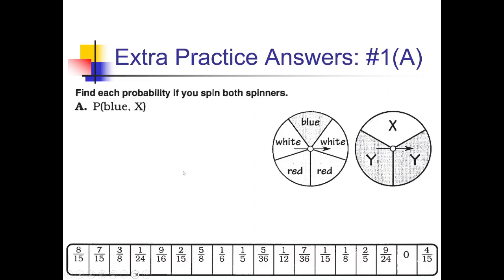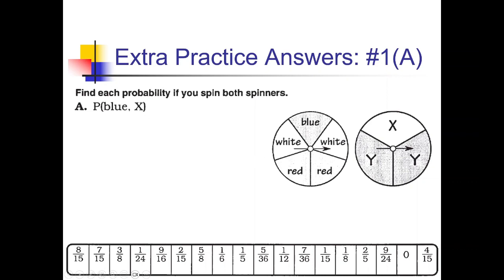For question 1, just to get the lay of the land, we have two different spinners going on. The first one has some different colors. The other one has X's and Y's. For the first thing, we have the probability of spinning blue on the first spinner and X on the second spinner.